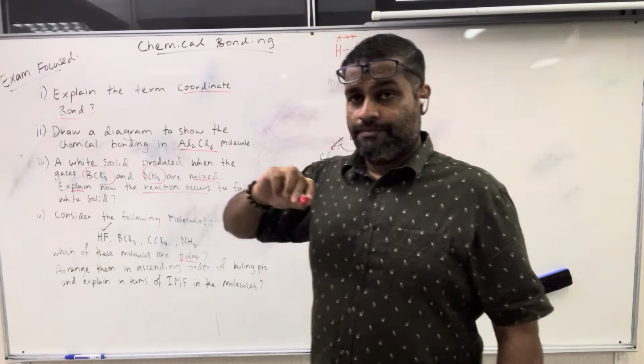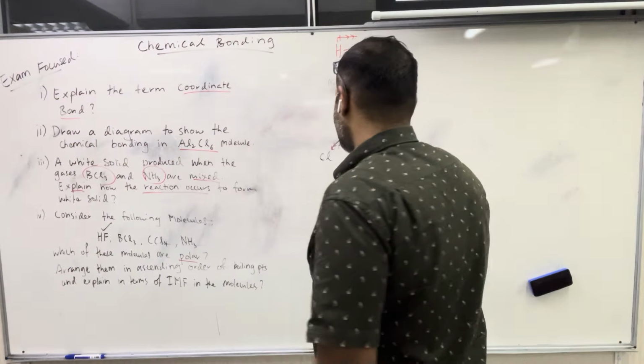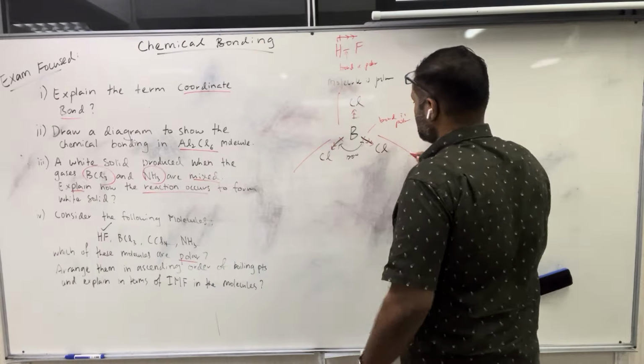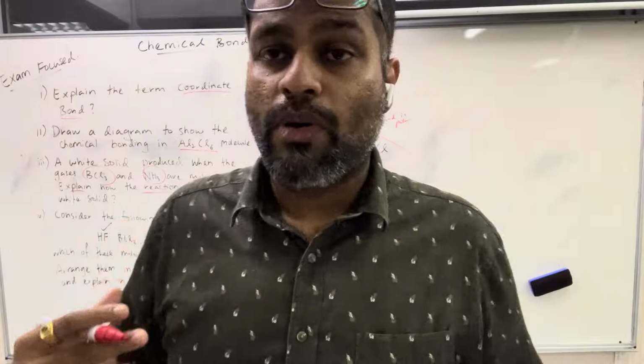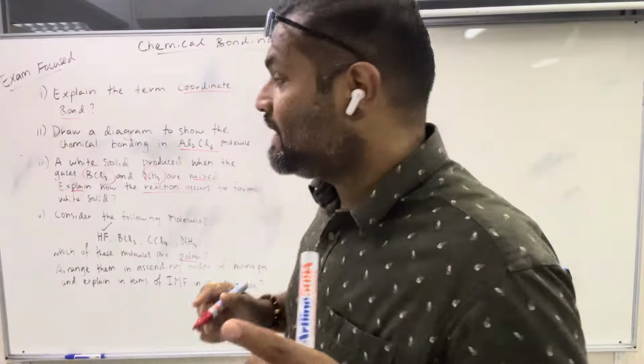But then, is this molecule polar or not polar? There will be an equal pulling of electron, which makes the dipole moments cancel out each other, because it's a symmetrical molecule.